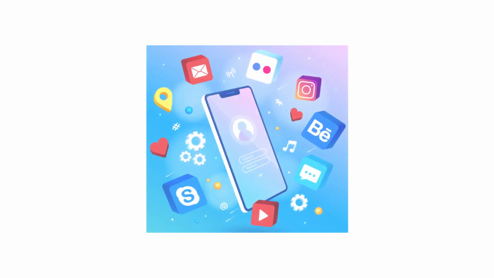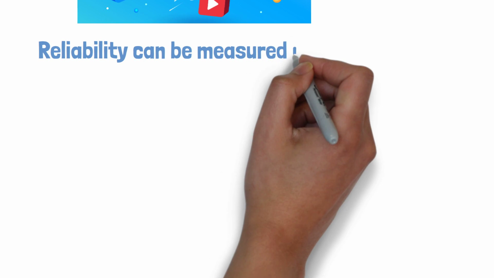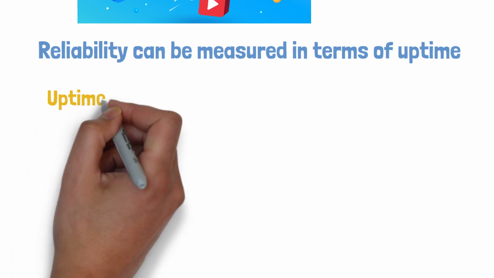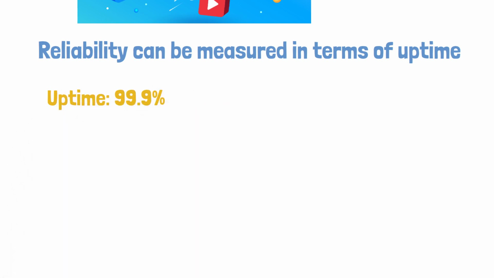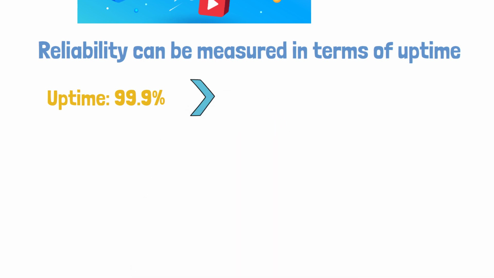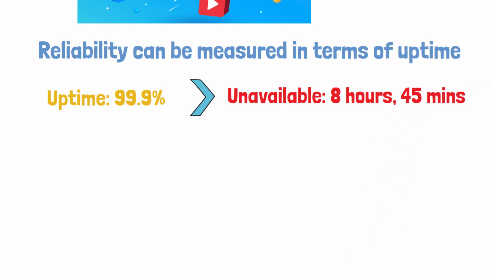From the application user's perspective, an application is considered reliable if it is available when needed and is working as expected. Therefore, reliability of an application can be measured in terms of its uptime. So if you are building an application with an uptime of 99.9%, that means it will be unavailable for 8 hours and 45 minutes each year.